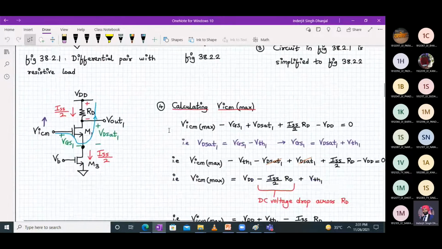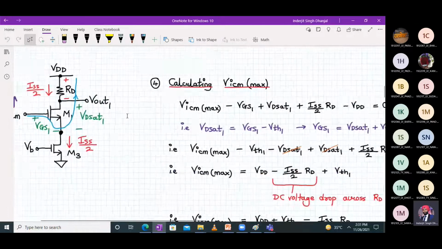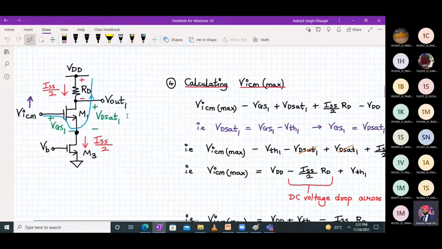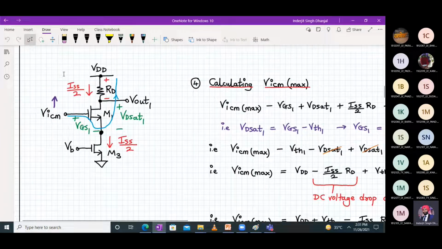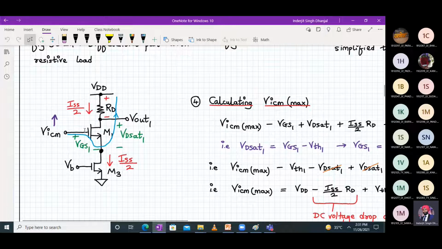Fine. So now let's further analyze. Now we are calculating VICM max. What is the maximum value of the input common mode level? Here the current flowing through the circuit is ISS by 2. How much maximum value can we apply?